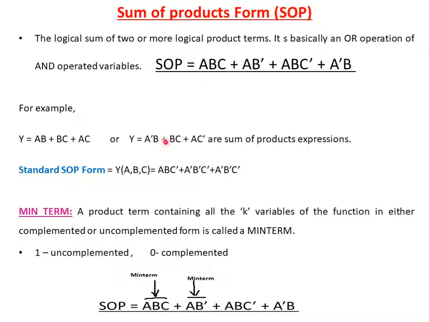But in this expression, only two variables are present, so we call it just an SOP form, but it's not a standard SOP form. From this we can say that standard SOP means all the three variables should be present in each product term.